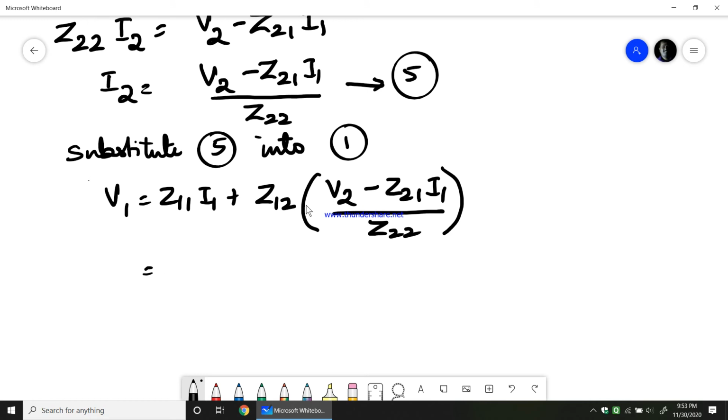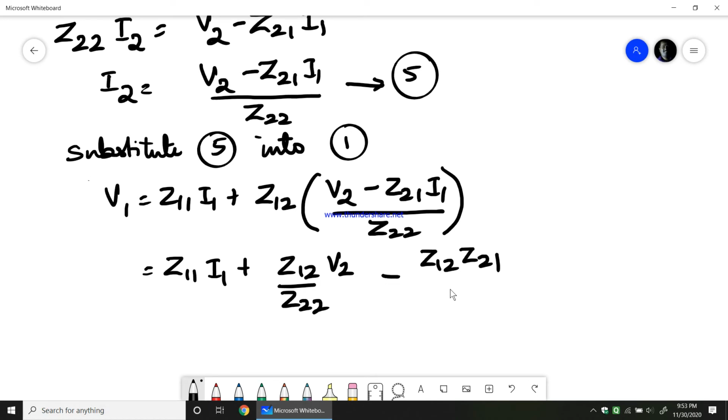Therefore if you multiply and separate the terms, I'll get Z11 I1 plus Z12 V2 by Z22 minus Z12 Z21 by Z22 I1.